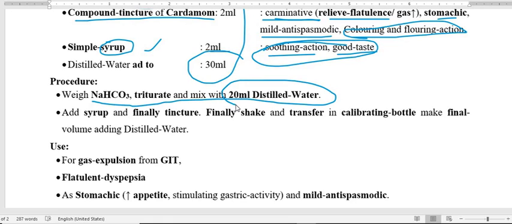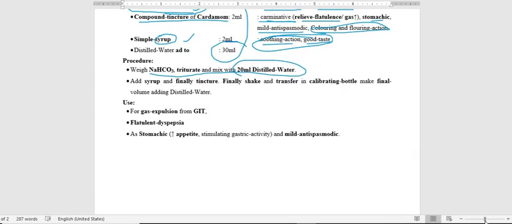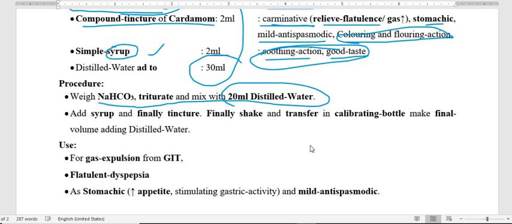After mixing soda bicarb with the distilled water, we are going to add the syrup in the same container or mortar and pestle, and thereafter we are going to add the tincture, the final component, and we are going to shake it and keep it in the measuring cylinder and make the final volume 30 ml by adding the distilled water.